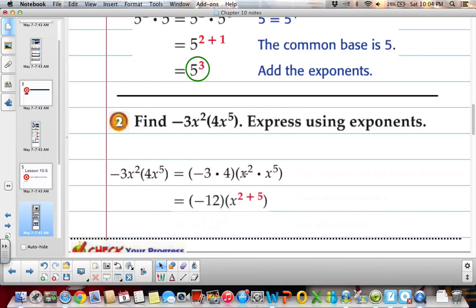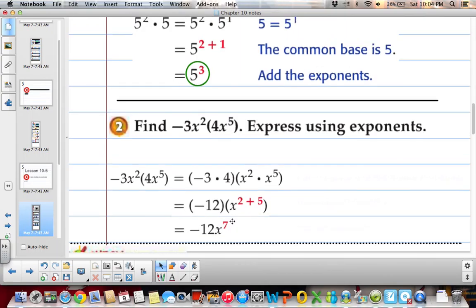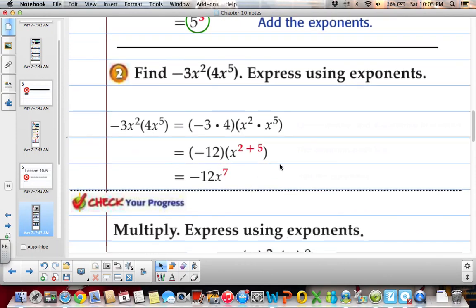And then we know that x squared times x to the 5th is going to be x to the 2 plus 5. So then our answer is -12x to the 7th. So we multiply our coefficients, but we add our exponents. Okay? Confusing, I know. Okay, oh, and here's our little notes about that I explained.